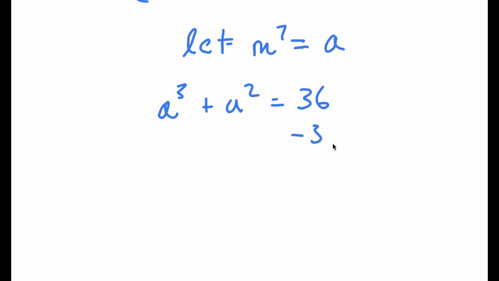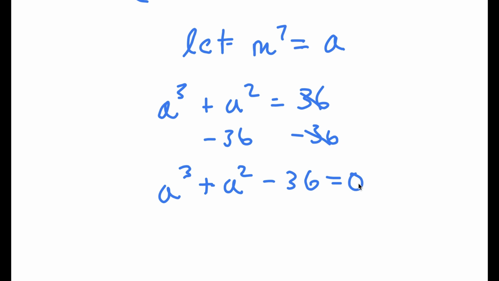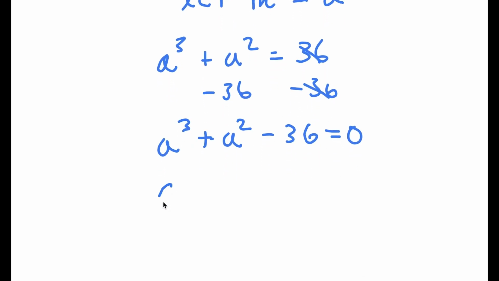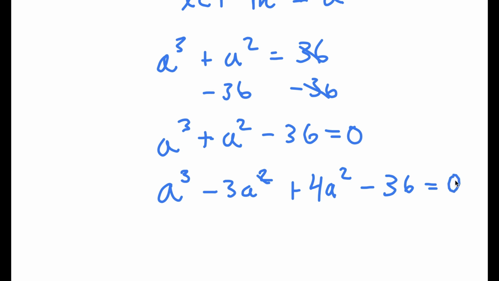I'm going to subtract 36 on both sides, and I get a to the power of 3 plus a squared minus 36 is equal to 0. Now I can rewrite a squared as negative 3a squared plus 4a squared, minus 36 is equal to 0.